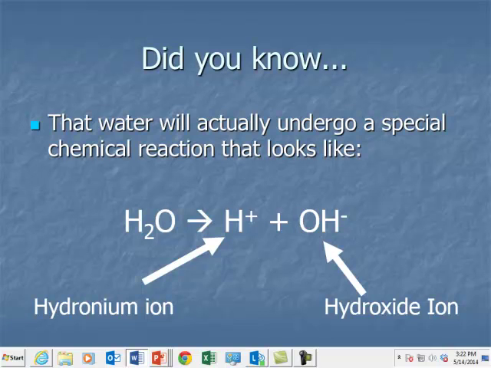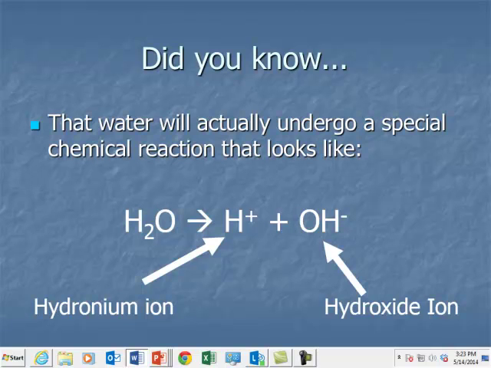The self-ionization of water is going to create 2 ions. One of the ions is the H+ ion. You guys know that hydrogen has a positive charge because its 1 electron is just lost. And then, at the same time that you make the hydrogen ion, you'll also make the hydroxide ion, the OH- ion. So every time you make an H+ ion, you will also make an OH- ion.